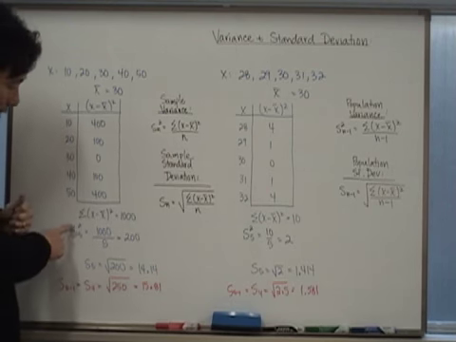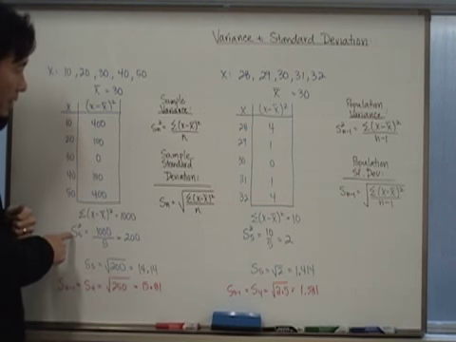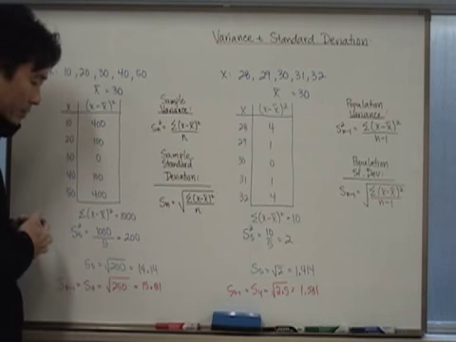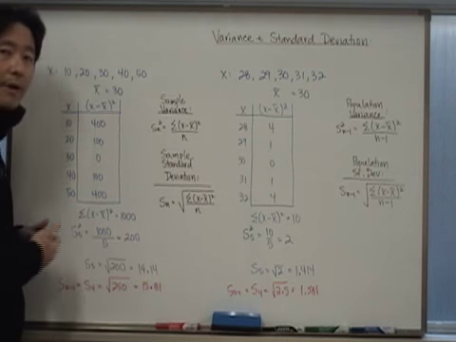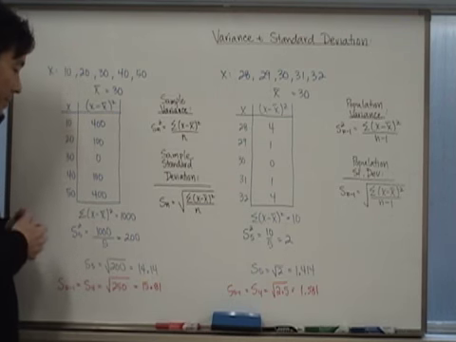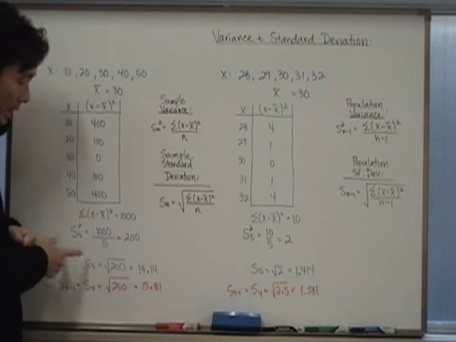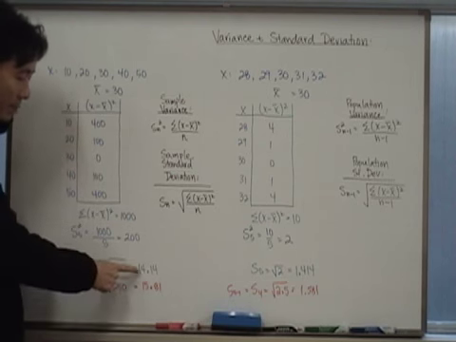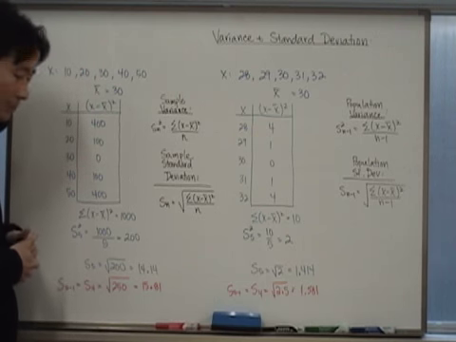So the sample variance is going to be 1,000 divided by 5, which is 200, and that is the variance. Now if I want to talk about the standard deviation, I just take the square root of both sides, and the standard deviation of this particular data set is going to be 14.14.